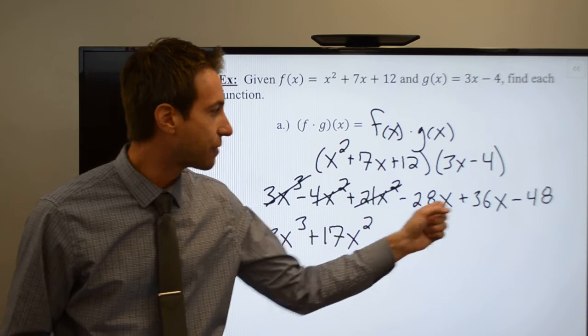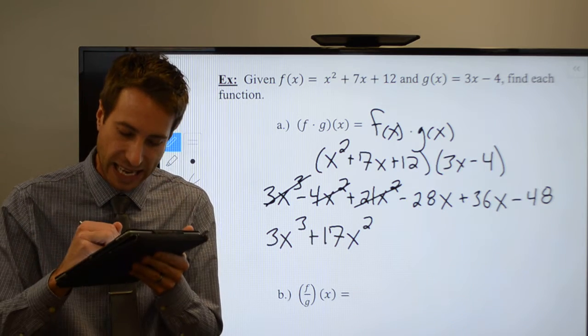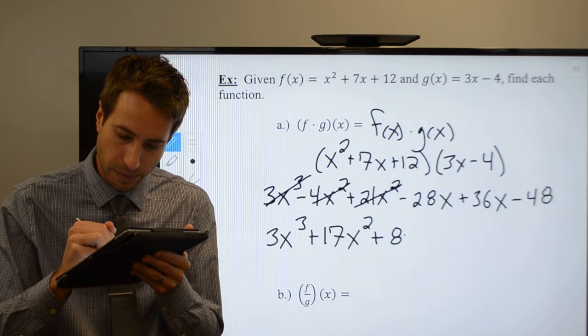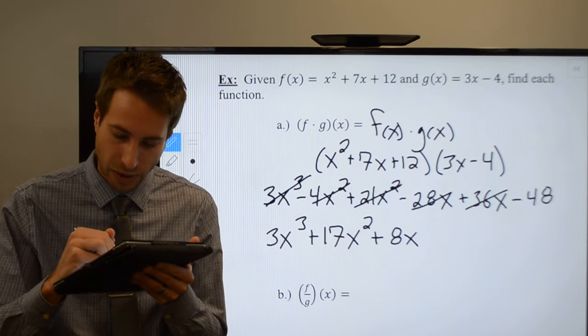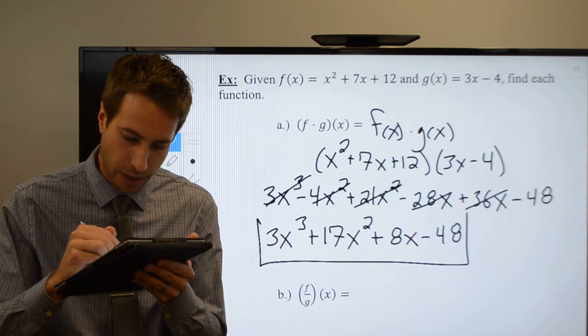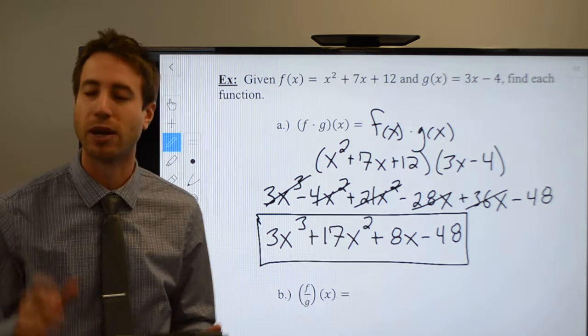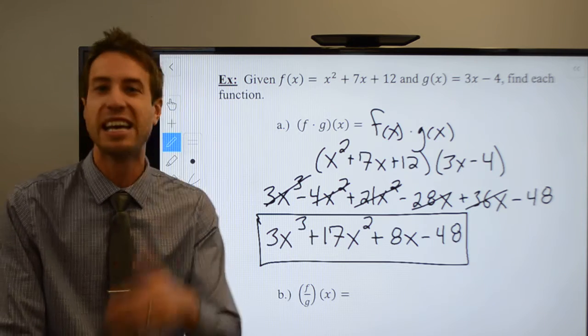And then I have a negative 28x and a positive 36x, which should leave me with plus 8x. Cross those guys off. And then the negative 48 is the only guy I have that's a constant. And there you go. You just multiplied those two functions together, just like multiplying polynomials, except now we're just calling them functions.